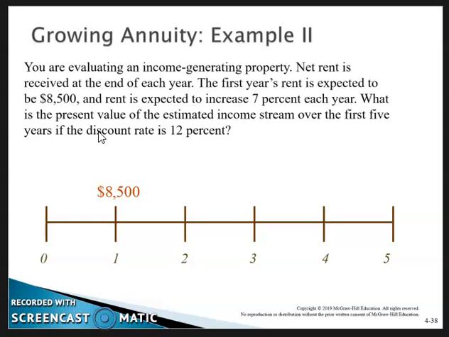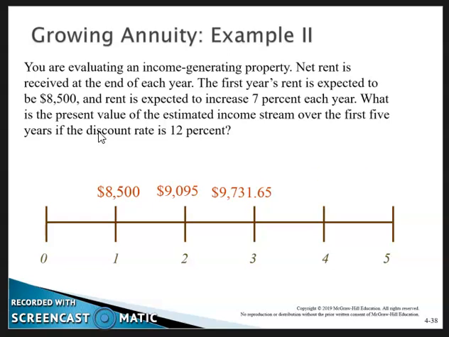So our cash flows: $8,500 in the first year, 8,500 times 1.07 in the second year, or $9,095. 8,500 times 1.07 squared in the third period, or $9,731.65.